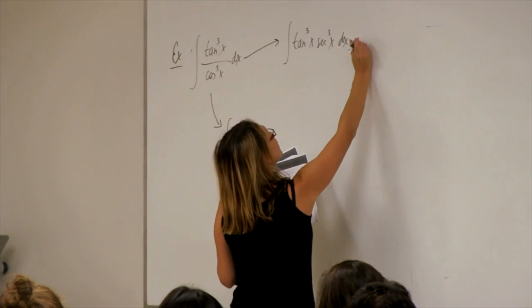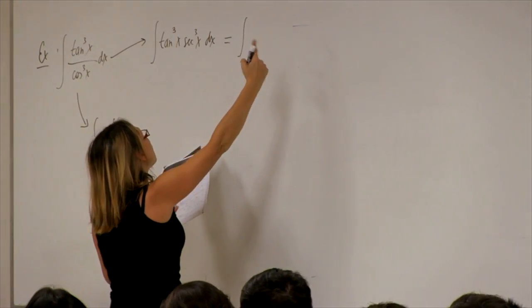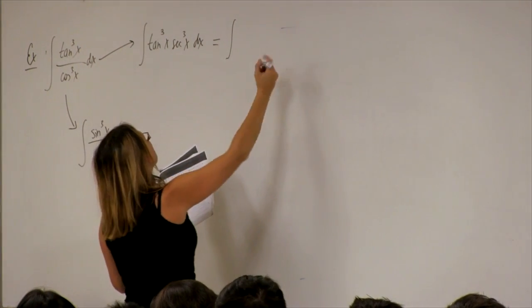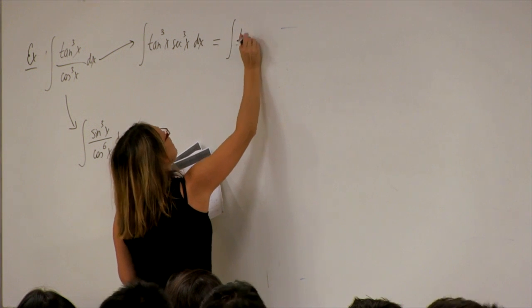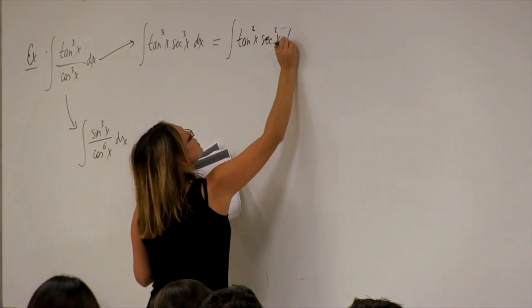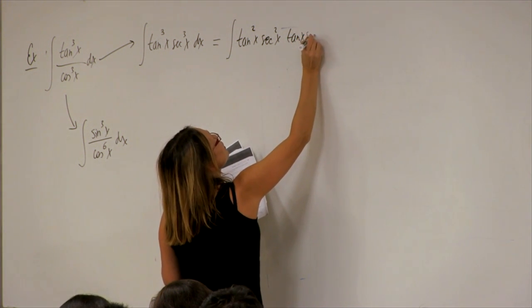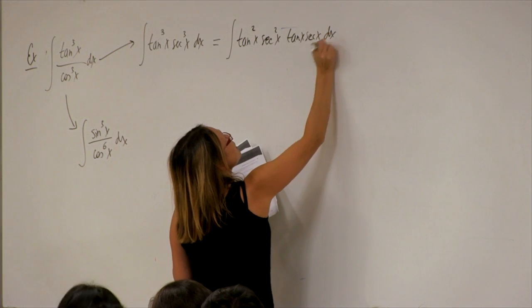So how about this one? You can see that here we can reserve 1 power of tangent, 1 power of secant. So we have tangent squared x, secant squared x, tangent x, secant x dx.